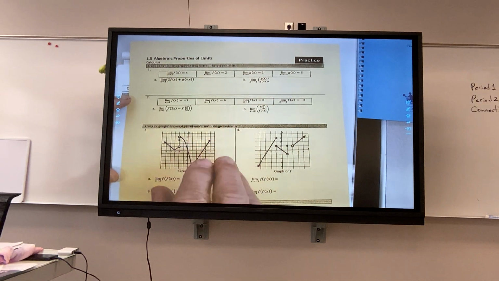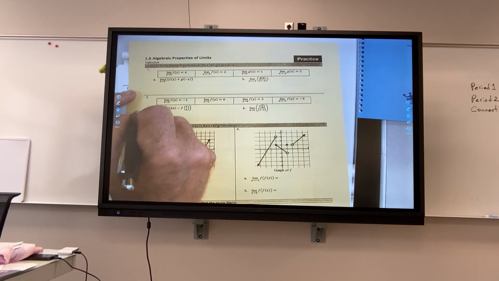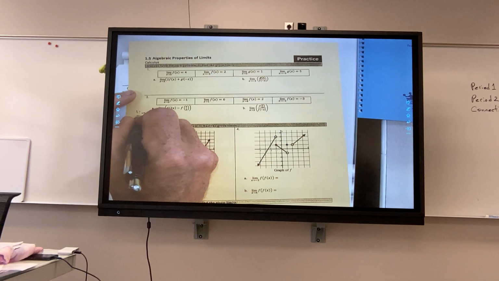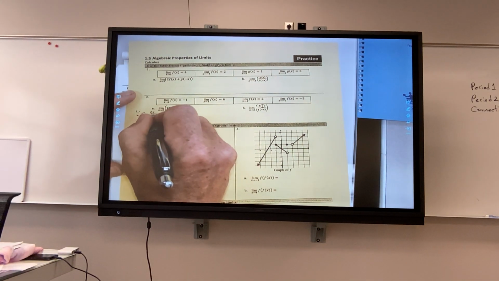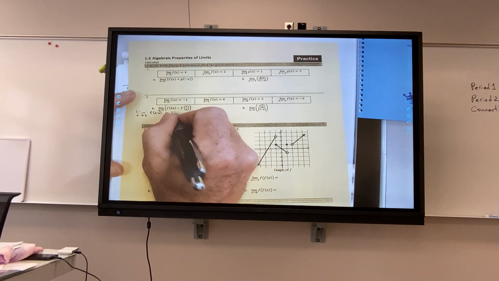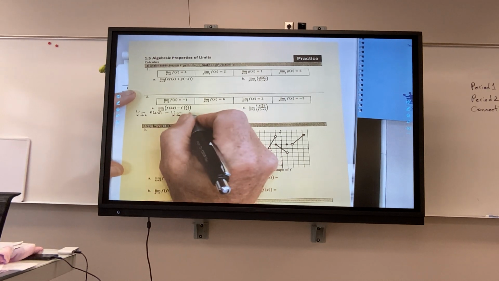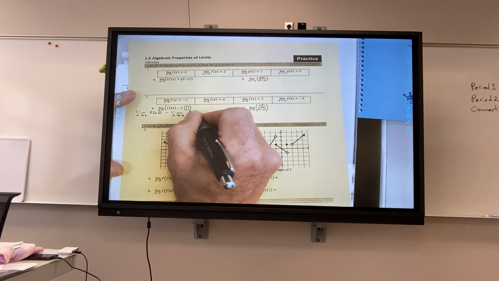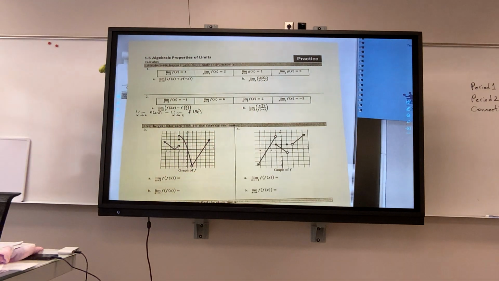Sure. Okay. I would write this as the limit as x approaches 2 of f of 2x minus the limit as x approaches 2 of f of x over 2. Would everybody agree with that? Yes.